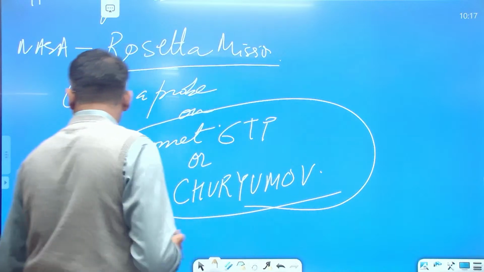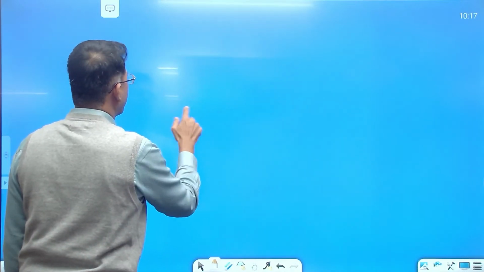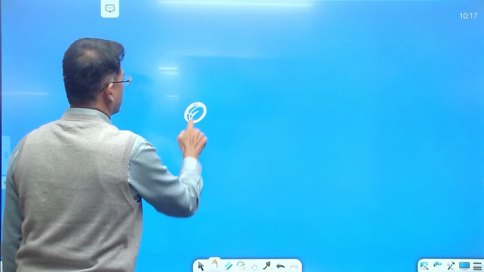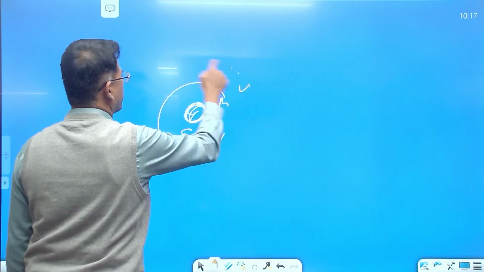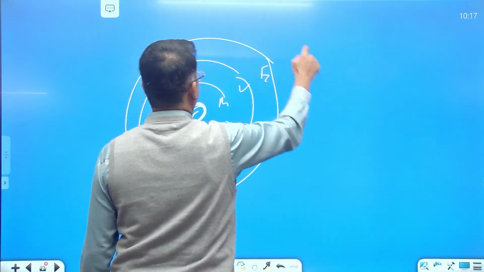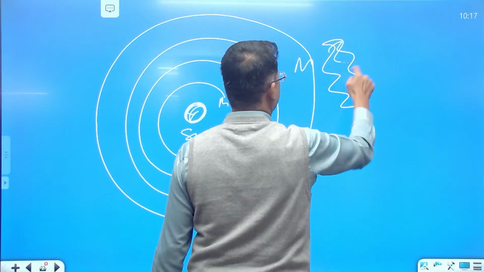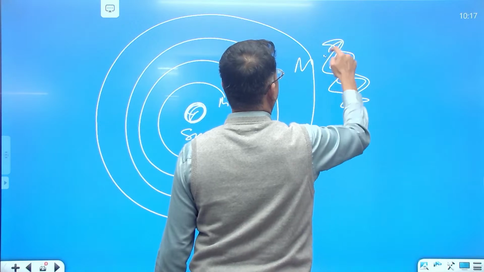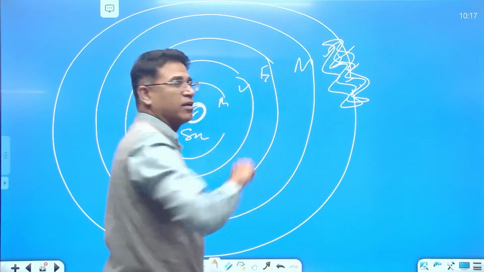Asteroids are rocks which are beyond Mars. Say this is the Sun. There is Mercury, Venus, Earth, Mars. Beyond Mars, एक ऐसा zone है where there are many asteroids moving around the sun like this.